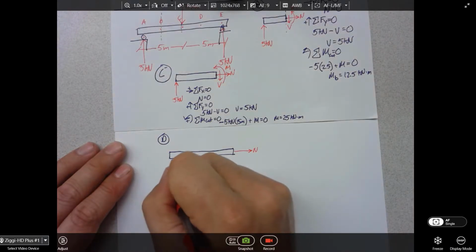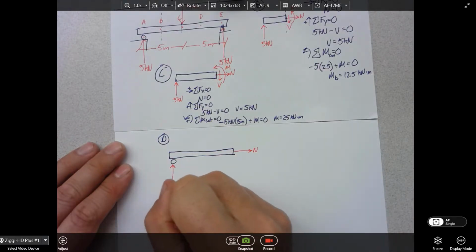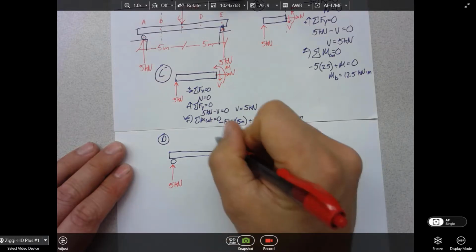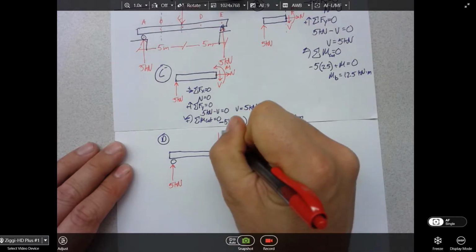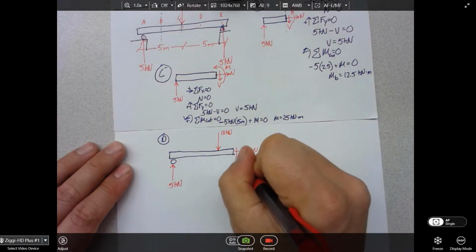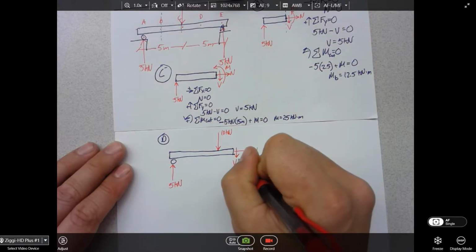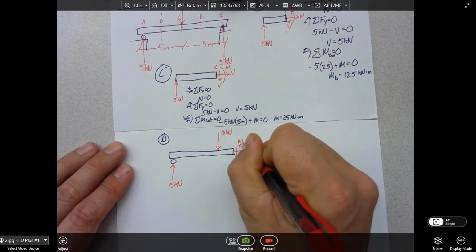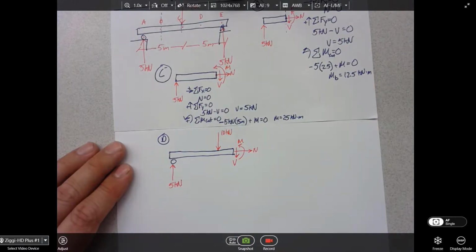What else? Maybe 5 kilonewtons over here. Throw the 10 kilonewtons on here. Shear force going down. Bending moment going counterclockwise. Exactly.